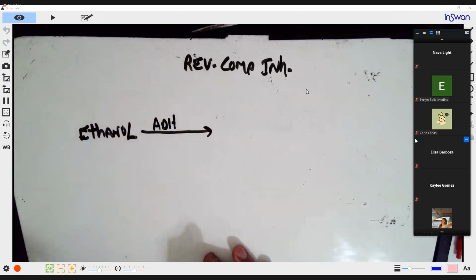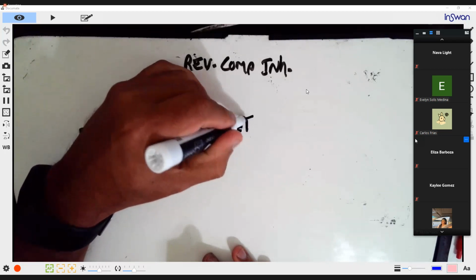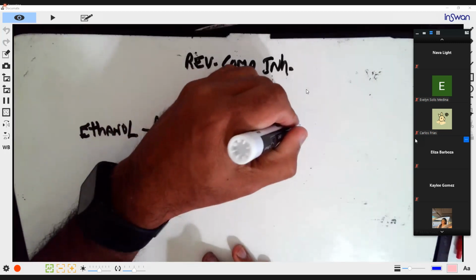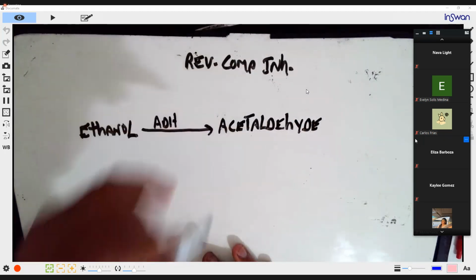There's an enzyme called ADH that converts this alcohol to something called acetaldehyde.